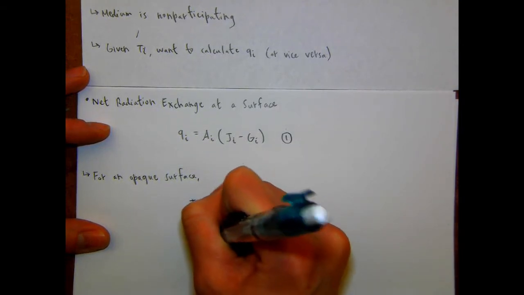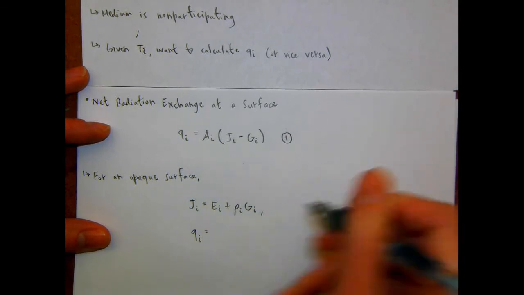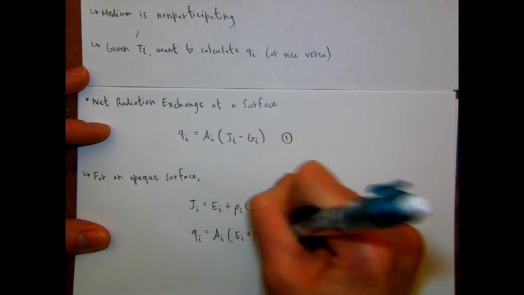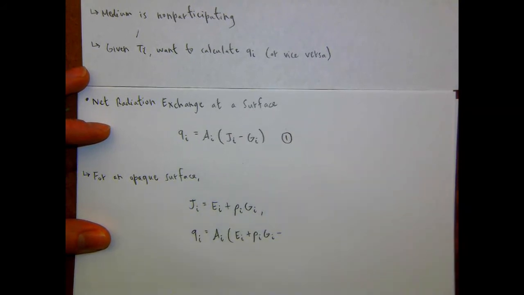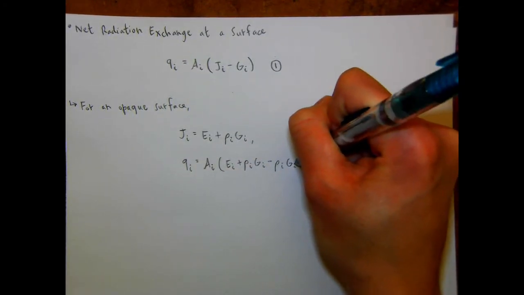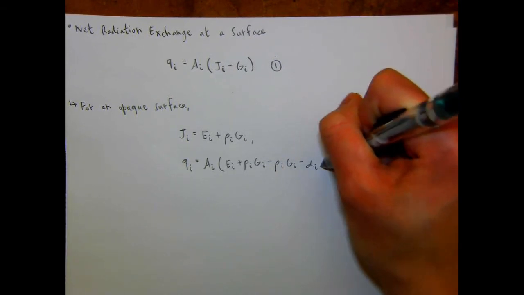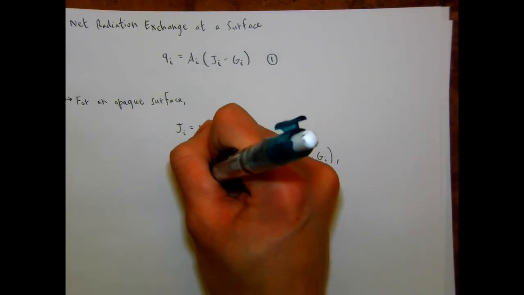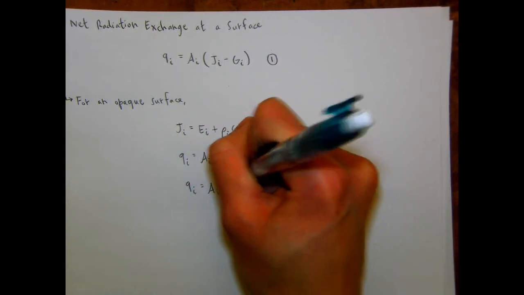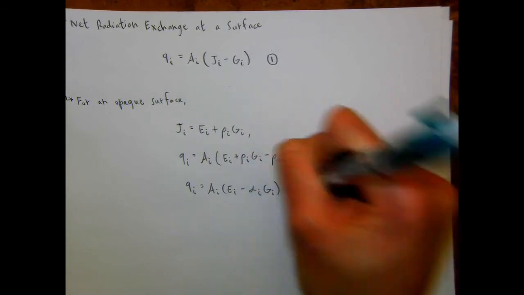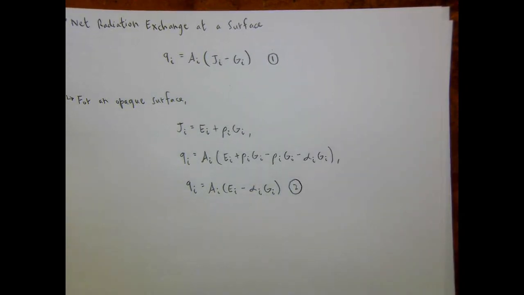So now if we plug that into our first equation, we can rewrite the total irradiation, which for an opaque surface is just the reflectivity and the absorptivity. Okay, so that's our second expression.